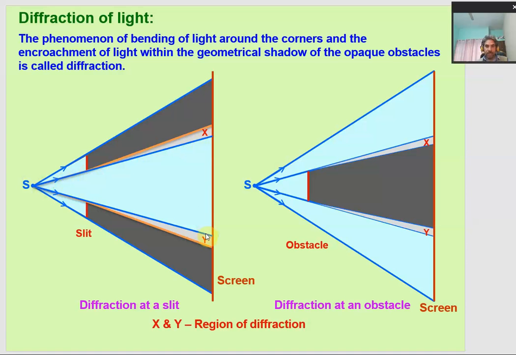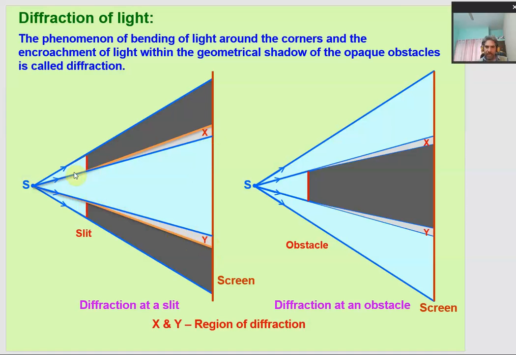But actually what is happening is that the light ray is slightly bending at the edges of this opening, right? Due to this bending, the light ray is covering a larger portion of the screen, or we can say the light is bending around the corners of this opening and hence illuminating a larger portion of the screen.